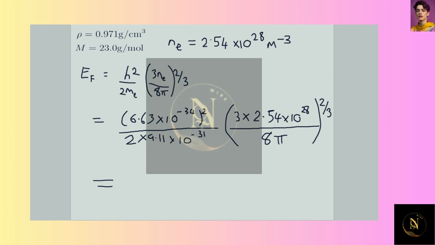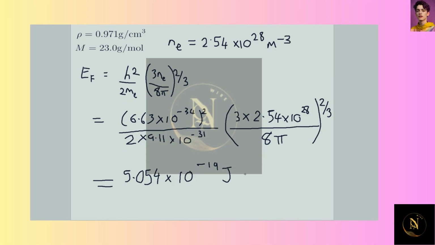And this will come out as about 5.054 times 10 to the minus 19 joules.